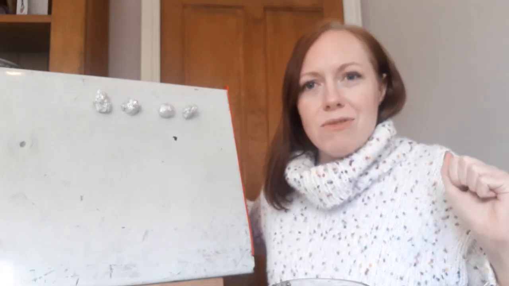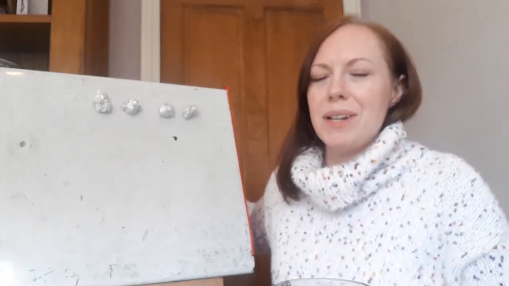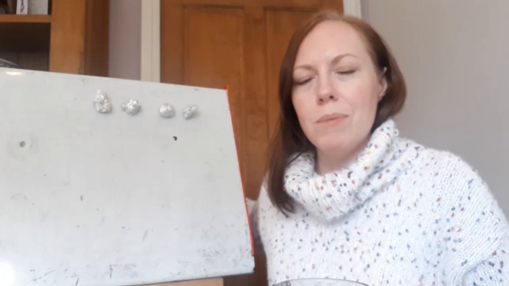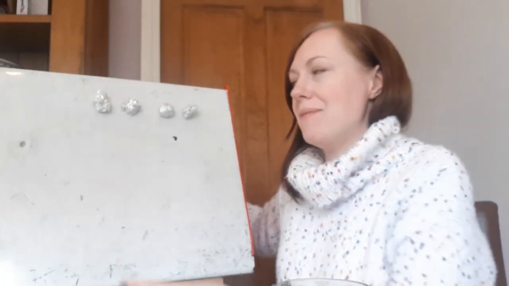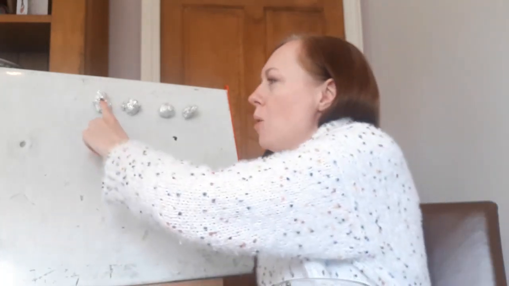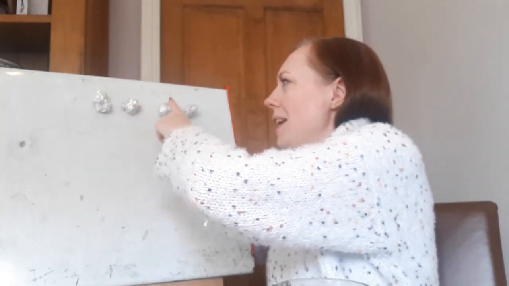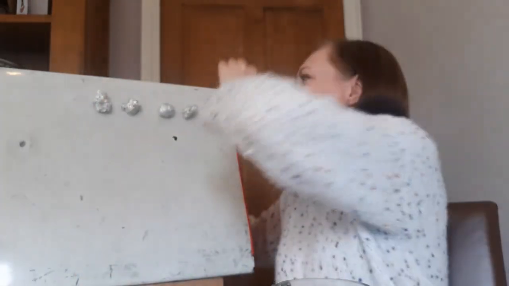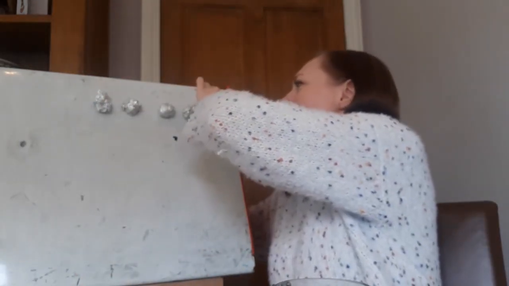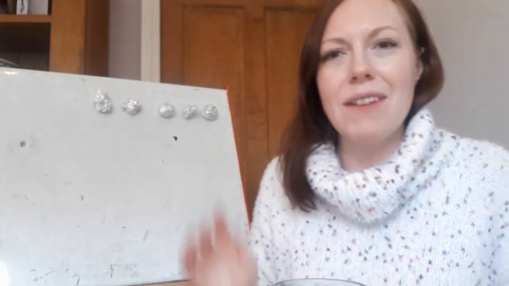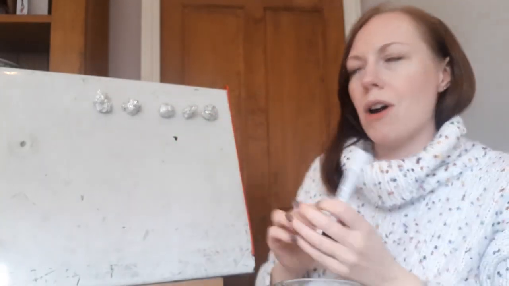Oops, what did I do wrong? I know I didn't say one number for one object. Let's start again. See if you can help me. 1, 2, 3, 4, and one more is 5. Well done, everybody. I've got 5 moon rocks.